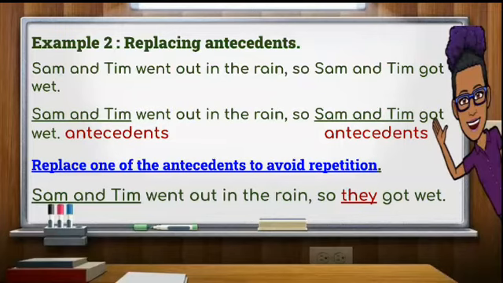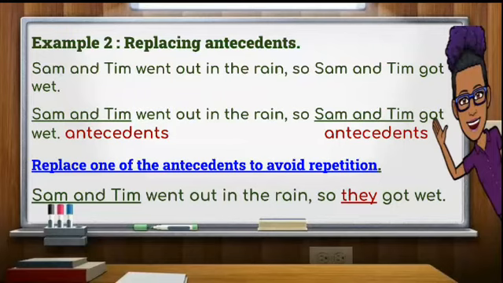Another example where we are going to be replacing antecedents: Sam and Tim went out in the rain, so Sam and Tim got wet. Here we have our antecedents, our two persons, Sam and Tim, mentioned in the first part of the sentence, and here we have Sam and Tim mentioned again almost at the end of the sentence.